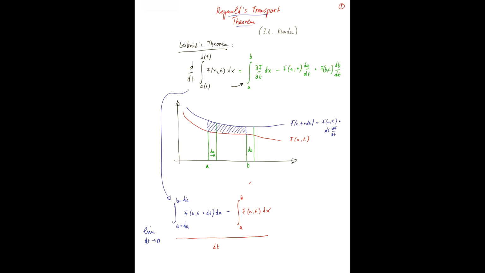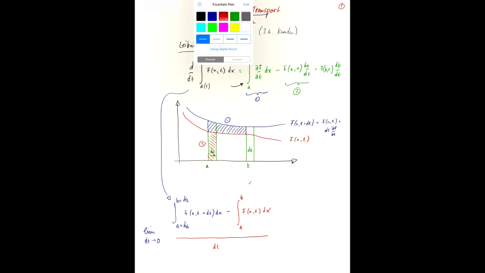So it's this area, minus f times dA/dt, which is this area. The blue one is area 1, that's associated with area 1. The green one is area 2, and then the gray one is area 3.